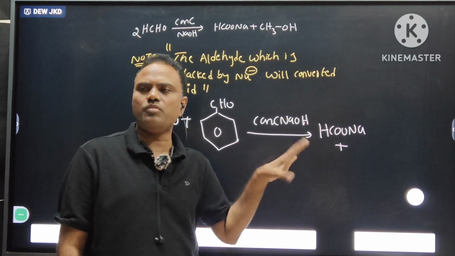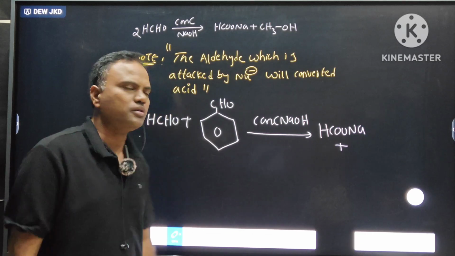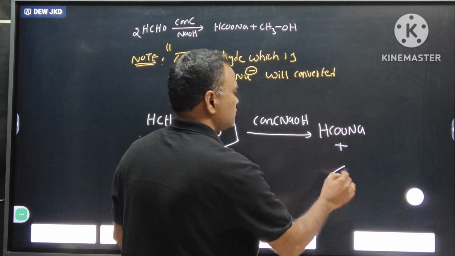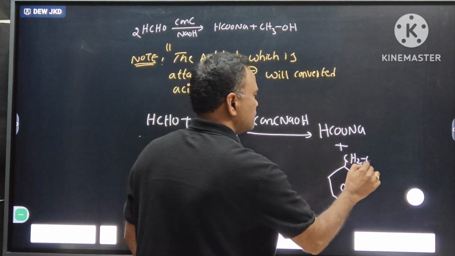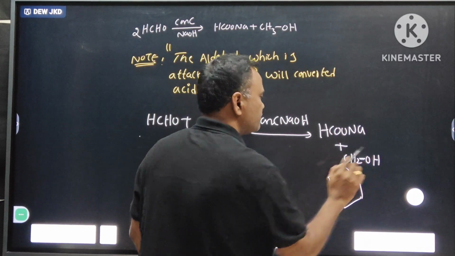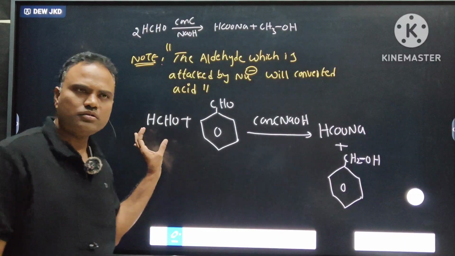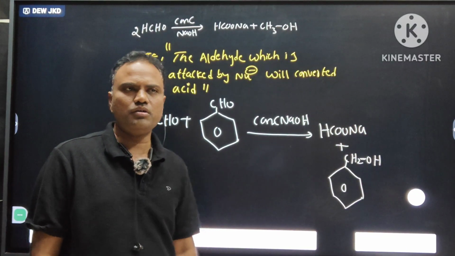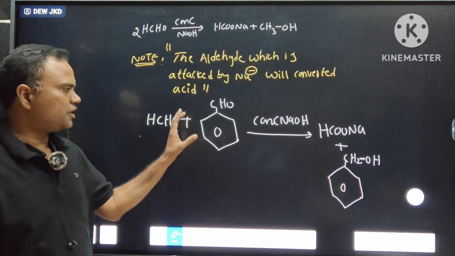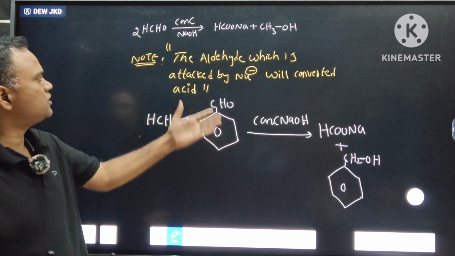Remember, formaldehyde is attacked by nucleophile. And another one, benzyl alcohol, right? Which molecule is converting into acid? Formaldehyde is converting into acid. Okay. Benzaldehyde is converting into alcohol. Why? Right. Reason is here.